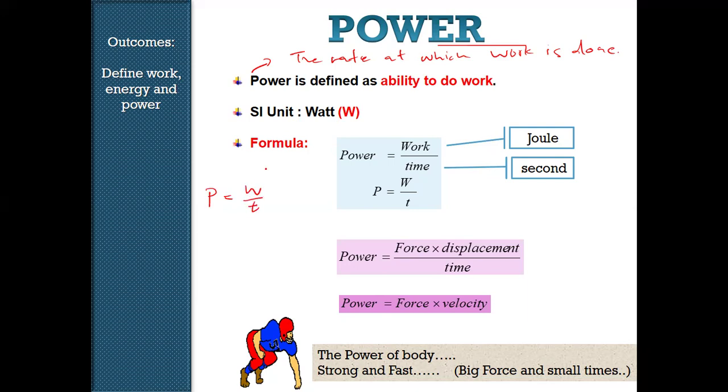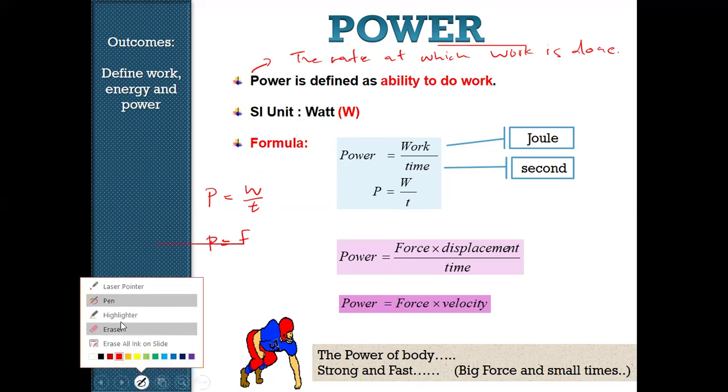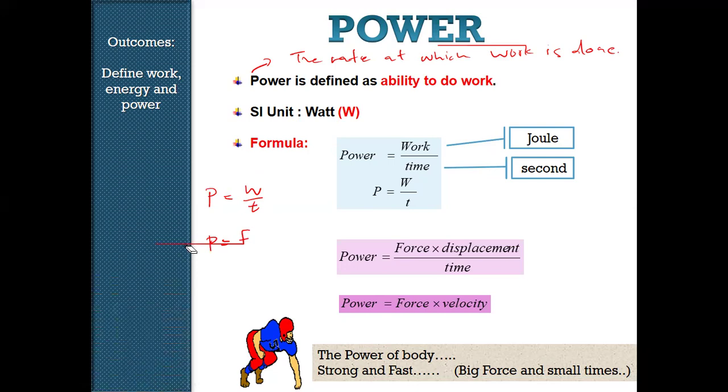But we know how to calculate work, right? Work is equal to force multiplied by displacement, divided by time.